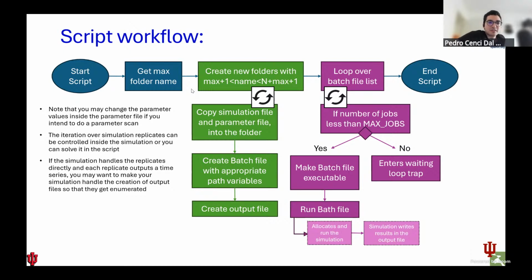Let me read my notes, see what I have here. So, yes, you can do a parameter scan by changing the parameter file. You can handle replicates inside the simulation script directly instead of this macro script, which is what I usually do. And if your simulation already handles replicates, you can output directly to the same file or write different files.